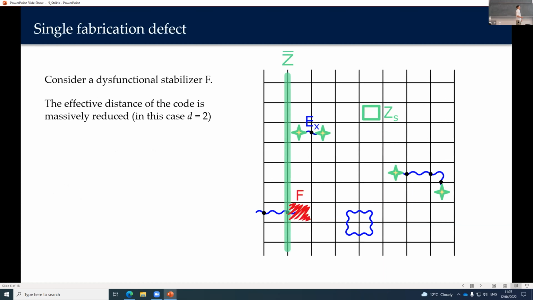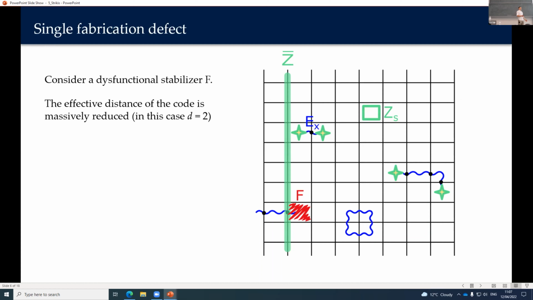Now, what happens when we have some fabrication error, where, for example, one of the stabilizers is either missing or faulty, or any kind of variation where the stabilizer is not functioning as necessary? This is represented by the letter F, and we can see that the errors on the qubits to the right of this faulty stabilizer are not detected anymore.